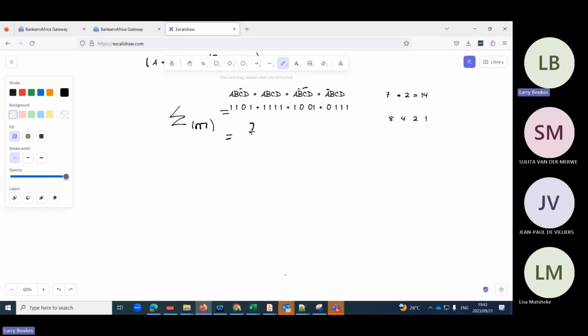I'm not going to follow the whole course. The whole method here is 2 to the power 0, 2 to the power 1, 2 to the power 2, 2 to the power 3. So this will be 1, this will be 2, this will be 4, and this will be 8, right?